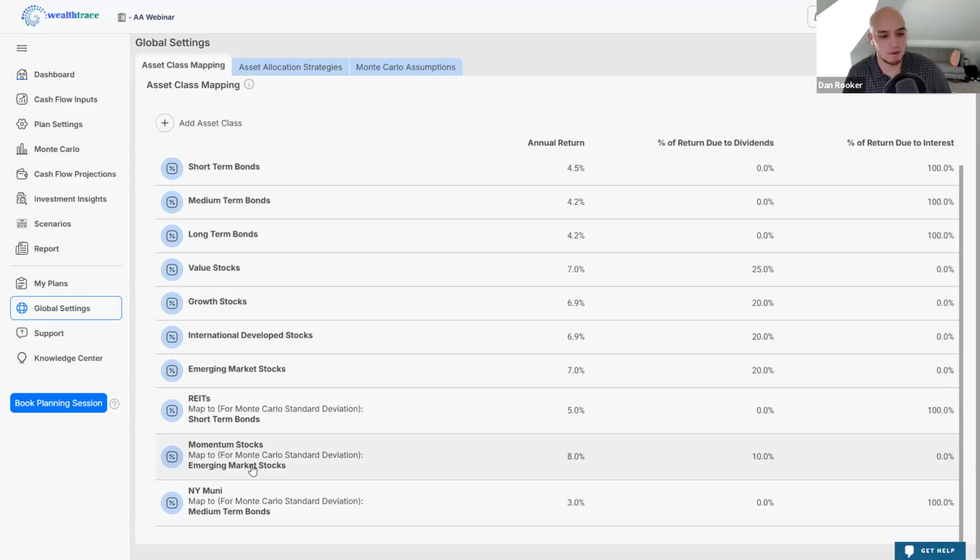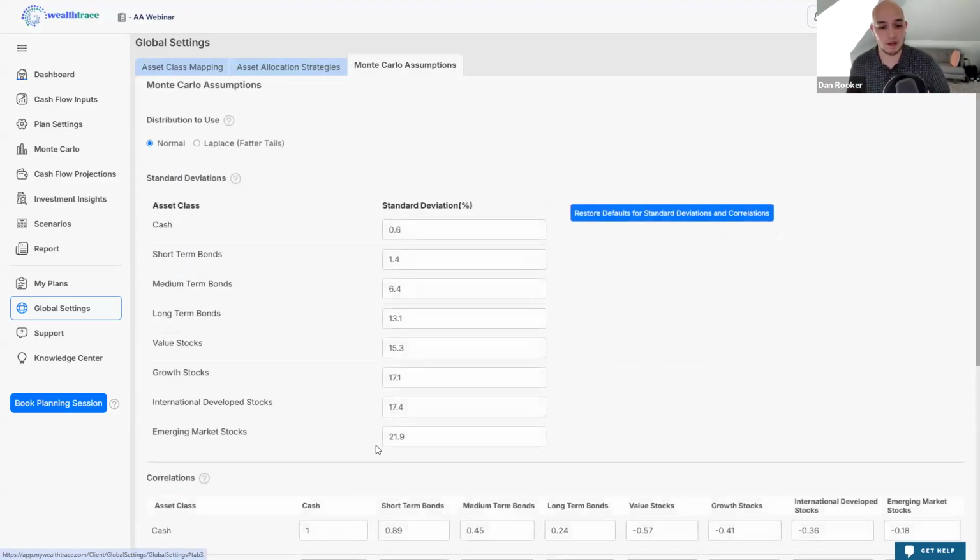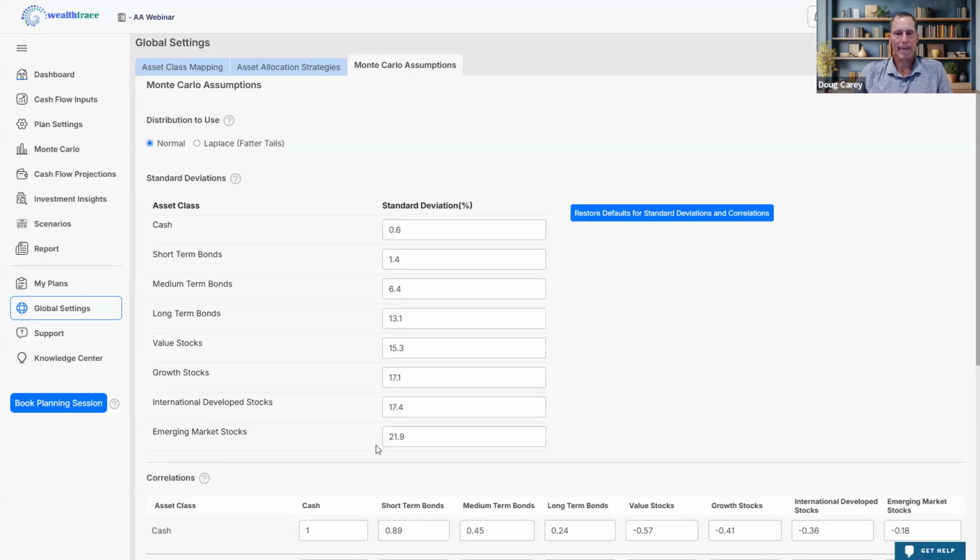So if I were one of the outliers, and I wanted to throw in Bitcoin, and I didn't have any other emerging market stocks, maybe I would go in and map it to emerging markets, go back into my asset allocation strategies tab, and on top of entering the return assumption, I probably want to put a conservatively high number for standard deviation for something like that. That way, return's one thing, but you have to understand volatility.